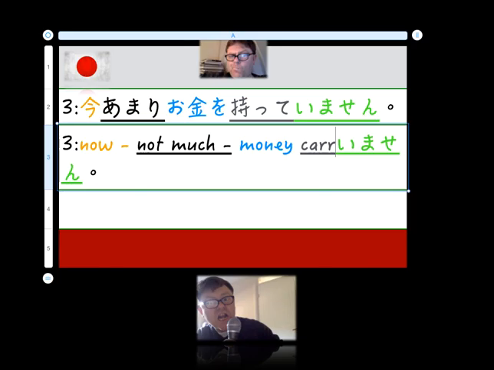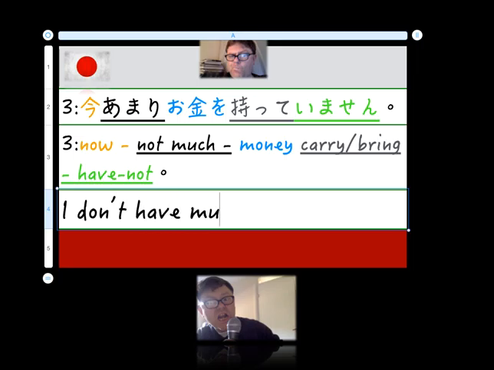Carry or bring. Or okay, and then have not, imasen. So have, okay, let's just make that a bit tidier. So have, negative, and then not. Now, not much money, carry, bring, or have not. So, good English, I don't have much money now.